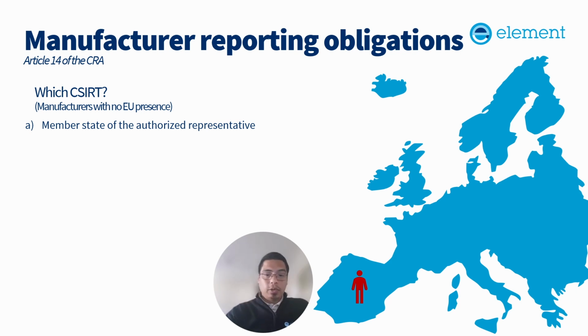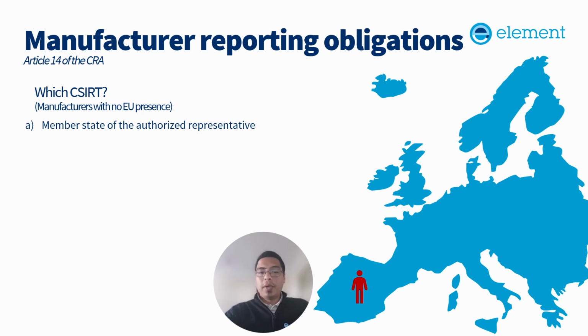For manufacturers with no EU presence, this gets a little bit more complicated because these manufacturers are not in the EU, but they still do need to report actively exploited vulnerabilities and severe incidents, because if you're placing products on the EU market, you are subject to the reporting obligations and the other manufacturer obligations for that matter.